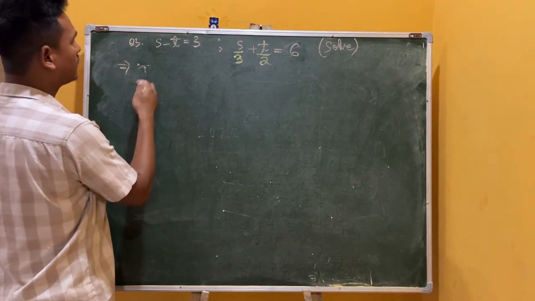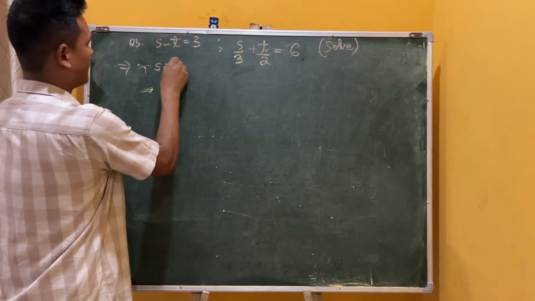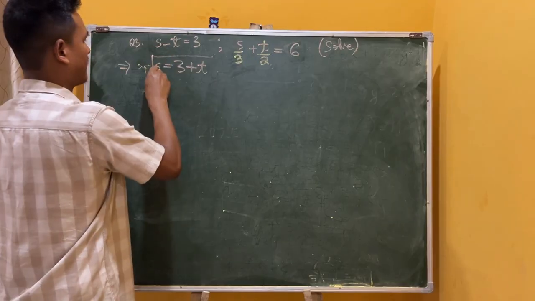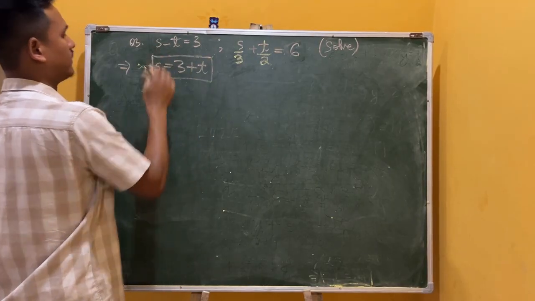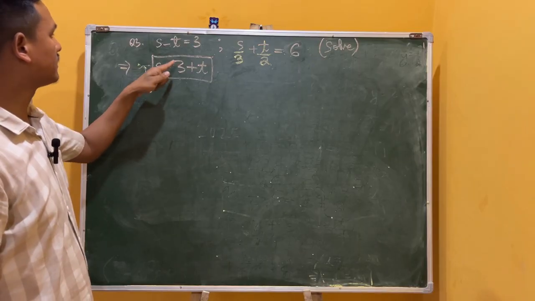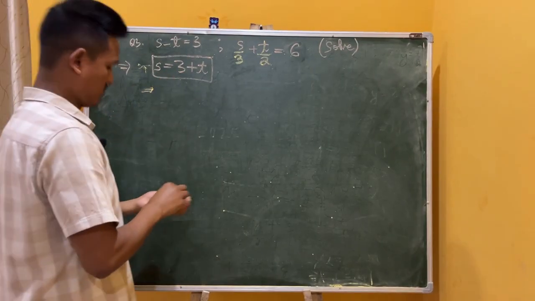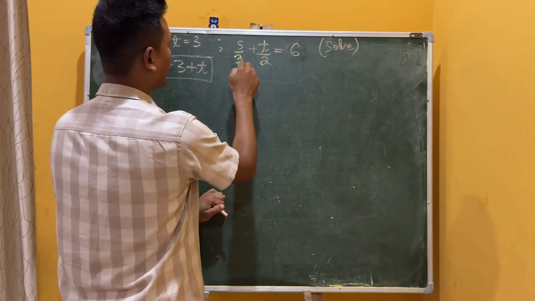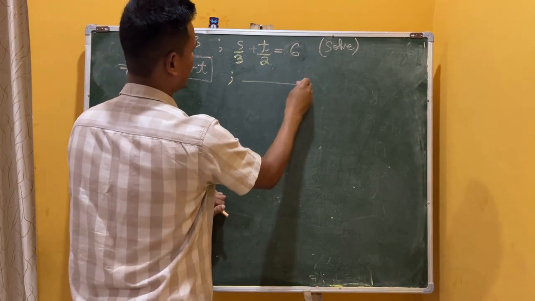So this one I'm going to keep as s equals to 3 plus t, and here let's find the LCM, 6.